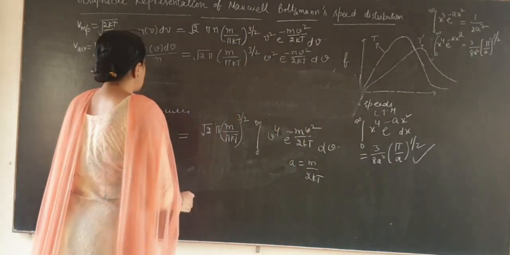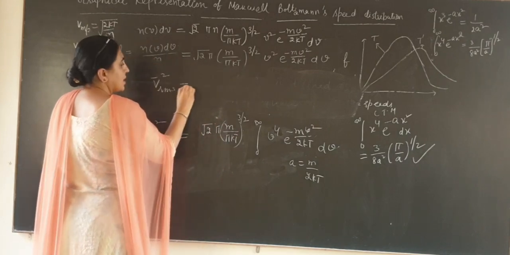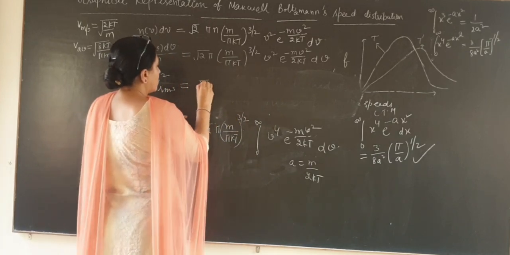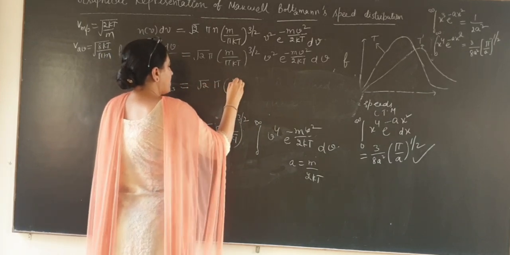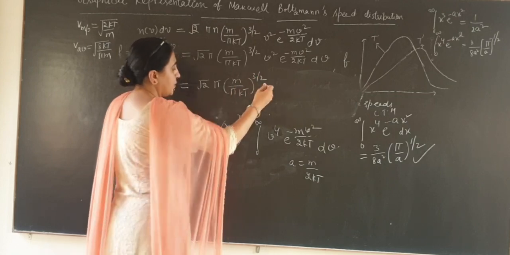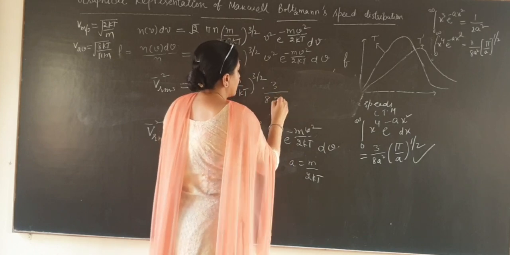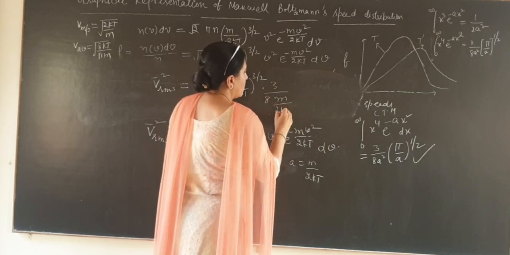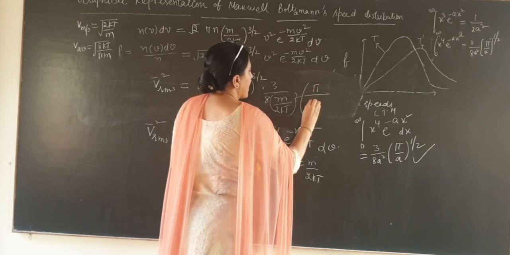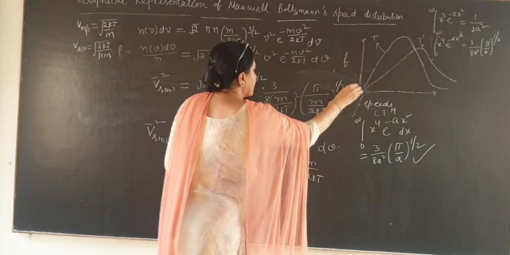So I write it here. This is equal to Vrms squared. This is equal to 4π (m over 2πkT) raised to power 3 by 2 into 3 over 8 into a², that is m over 2kT squared, into √(π/a), where a is m over 2kT raised to power 1 by 2.